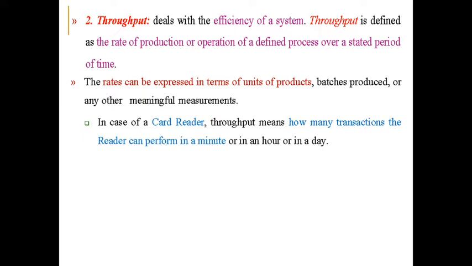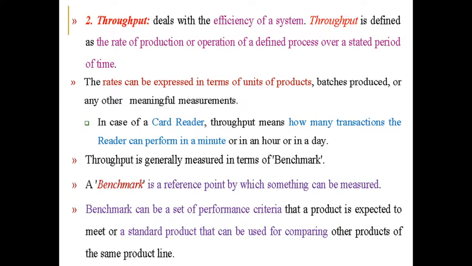The rate can be expressed in terms of units of products, batches produced, or any other meaningful measurement. For example, for a card reader, throughput means how many transactions the card reader can perform in a minute, in an hour, or in a day. That will be the throughput of that card reader.